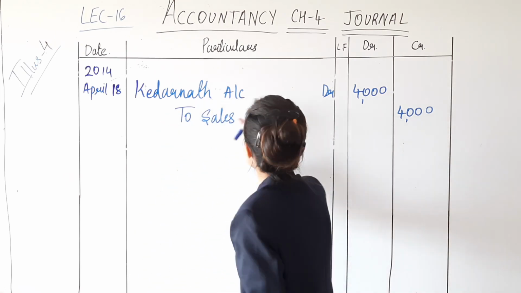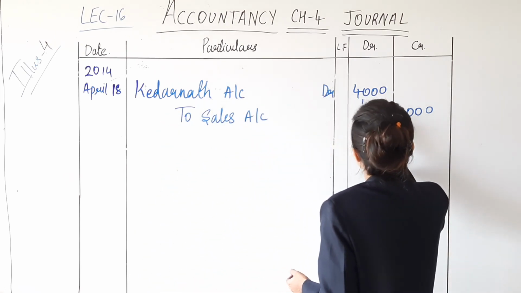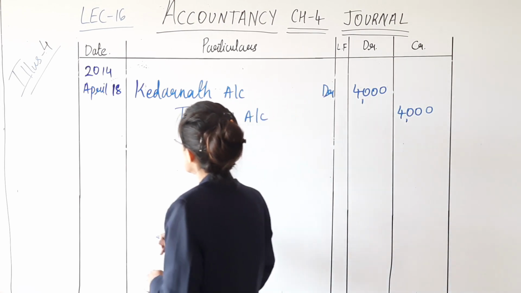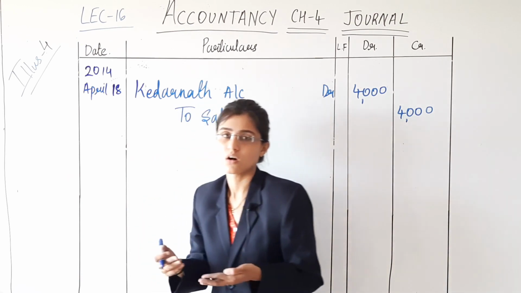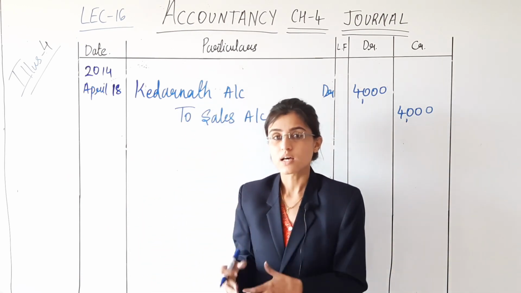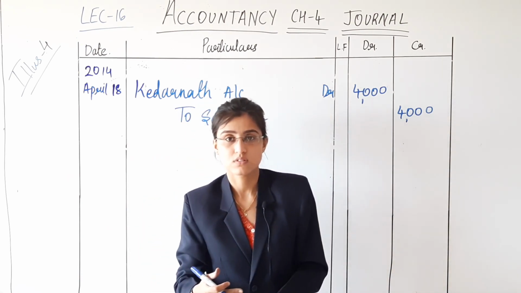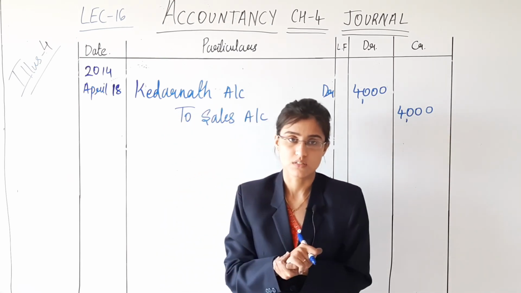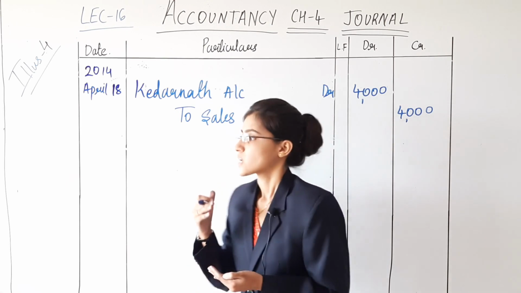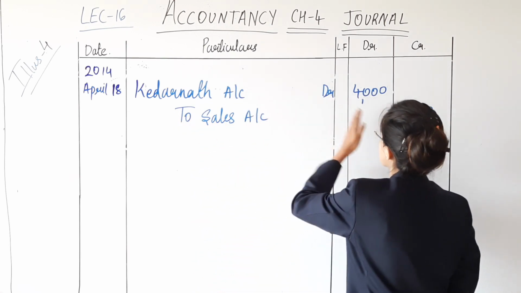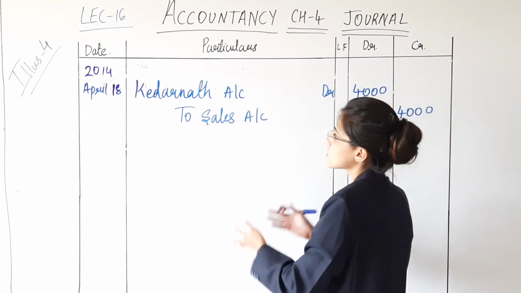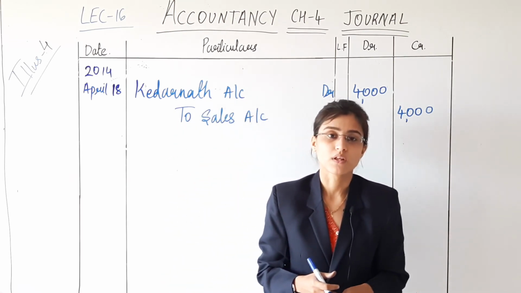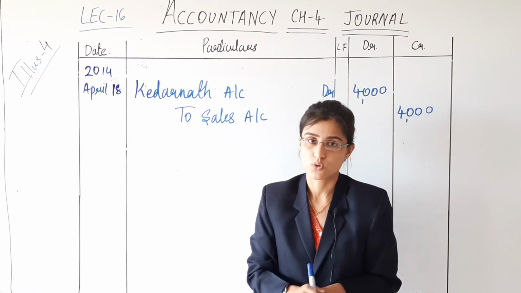Kedarnath is a person to whom we have sold goods of rupees 4,000, and from the 4,000 Kedarnath has returned goods to us. To us means to the owner. Just consider that this is your business. Who are you? You are the owner. Gokul Traders is your business. So just think that you have sold goods of rupees 4,000 to Kedarnath, and now on 22nd of April Kedarnath has returned half of the goods.